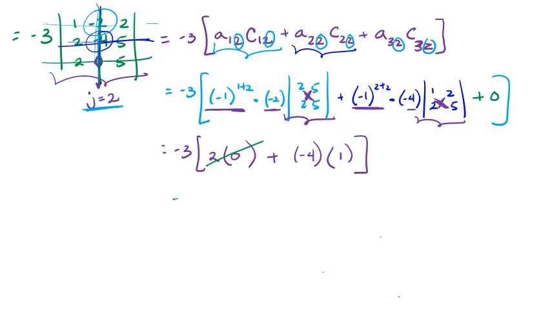So this goes away. So I have -3 times -4, which is a positive 12. And there you have it. So that's finding the determinant of a 4 by 4 matrix using cofactor expansions.